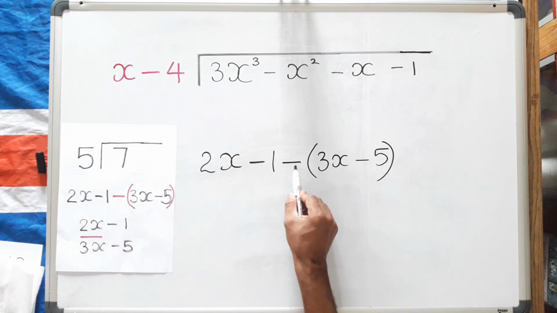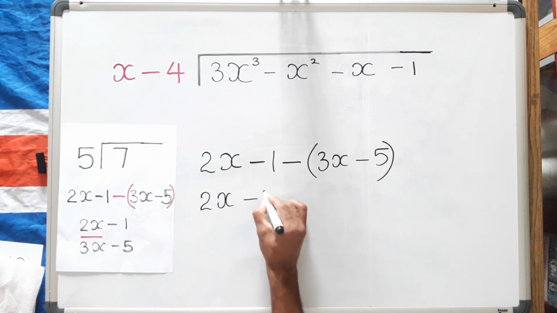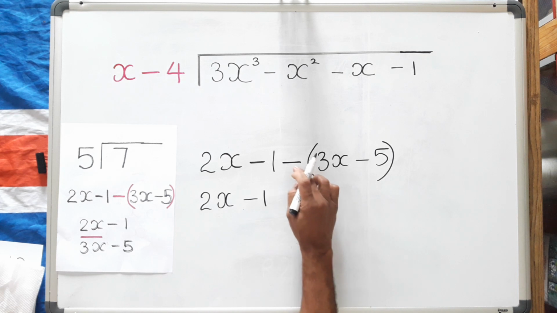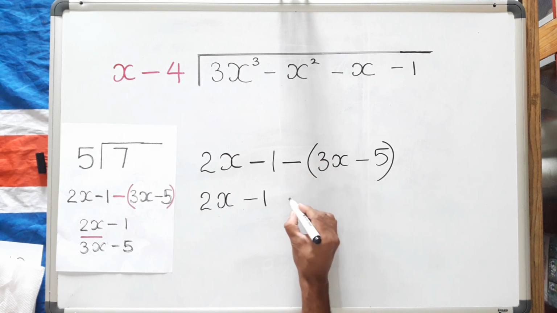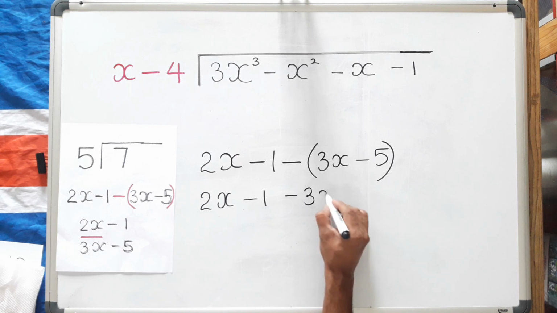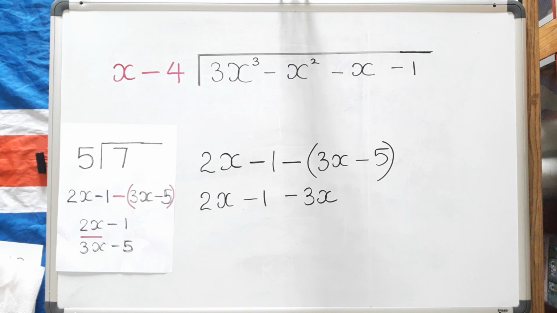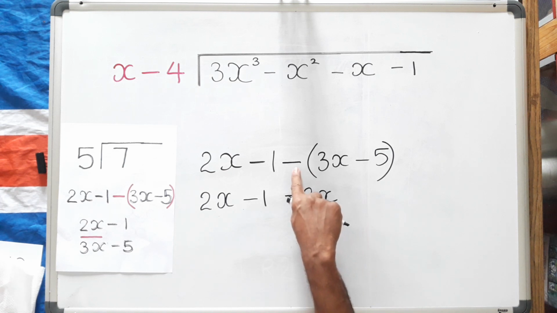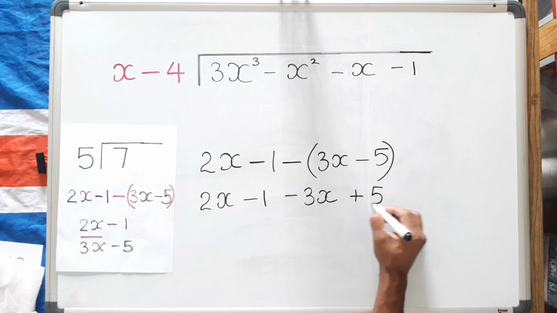But notice on the outside, there's a minus sign. So, I think we should multiply everyone in the brackets by the minus sign outside. So, minus times positive 3x gives negative 3x, because a negative and a positive is still a negative. And a negative times a negative is positive. So you will get positive 5.